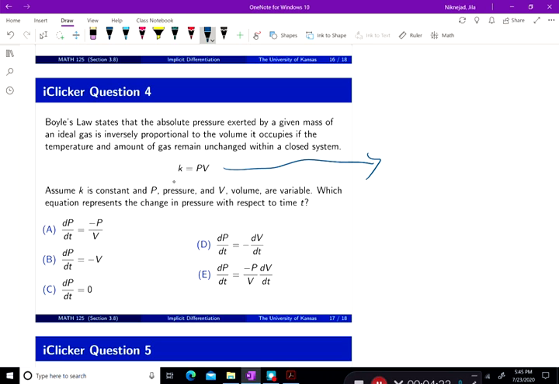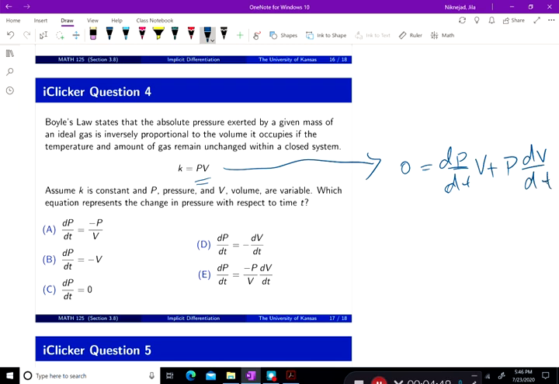The derivative of K is going to be 0 because it's a constant. This is a product rule, and what I get is basically dP/dt times V is equal to P times dV/dt.